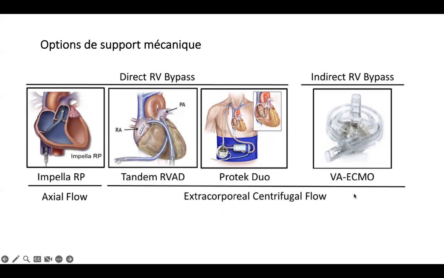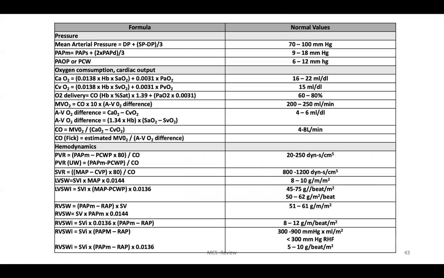VA ECMO in this setting is not really used, so we can use either a PA or an RA cannulation centrally using either a tandem RVAD or a CentriMag. Percutaneously, we can use an RP Impella or a Protek Duo cannula through the jugular vein. So there are many options we can use. Just so you can cite them.